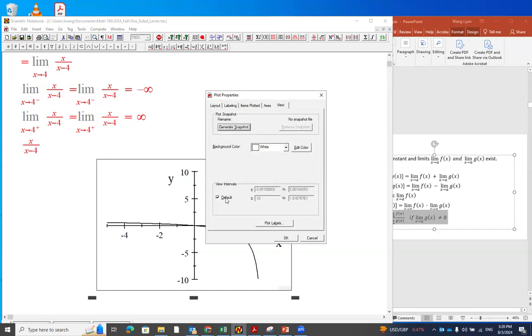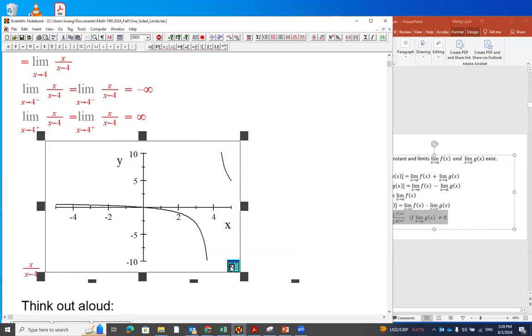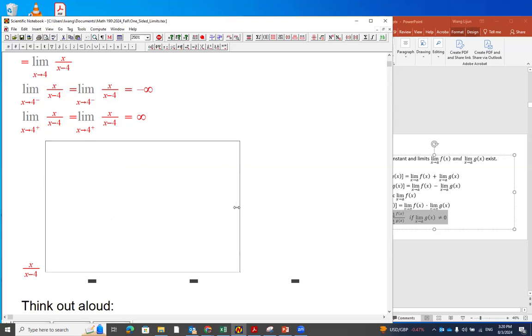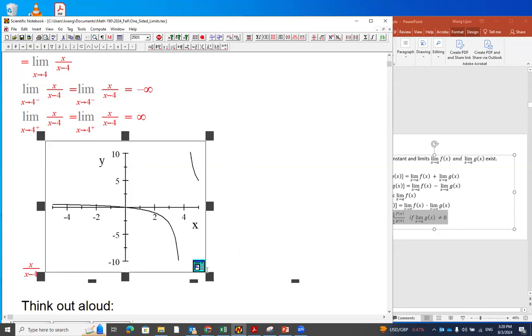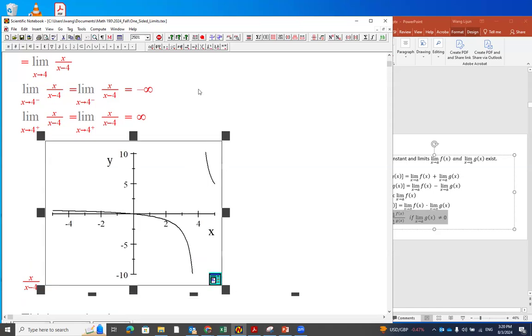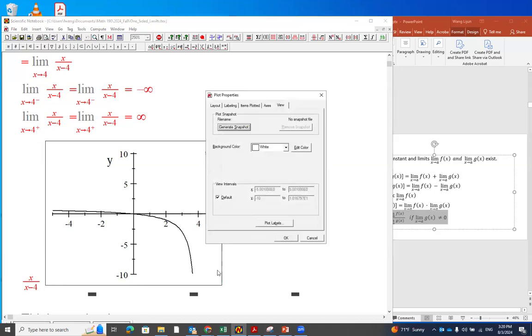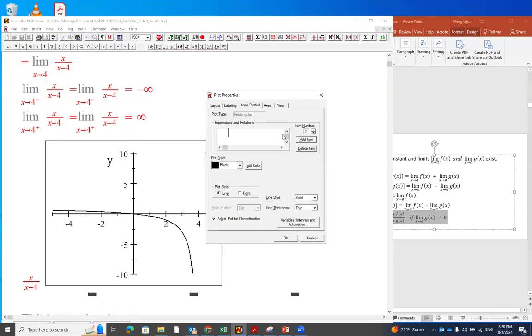From this picture, in the neighborhood of 4, you can see our evaluation is confirmed. So this tells us x equals 4 is a vertical asymptote. So we actually have a vertical asymptote.